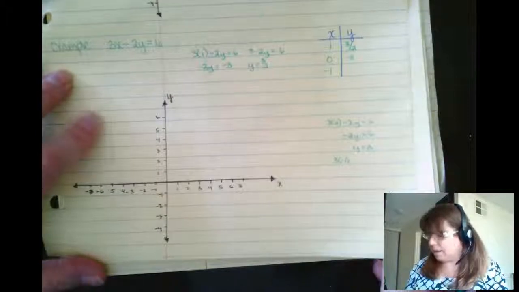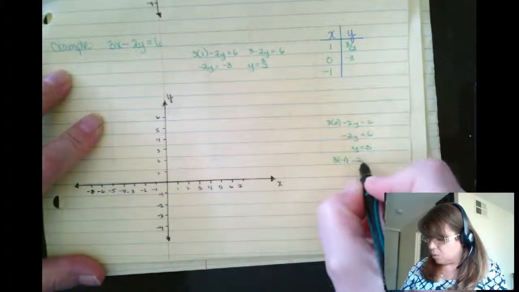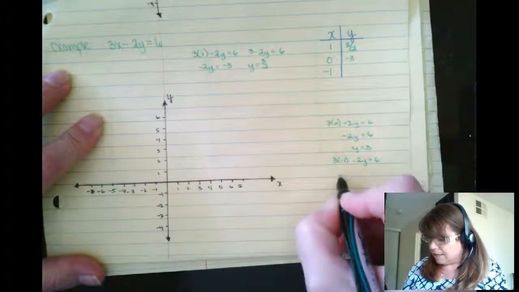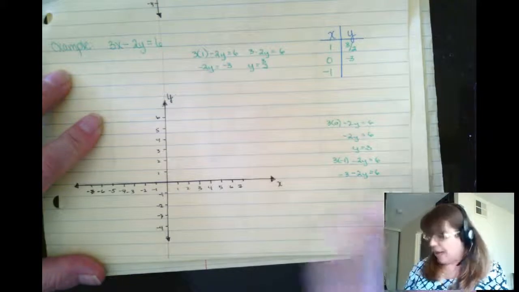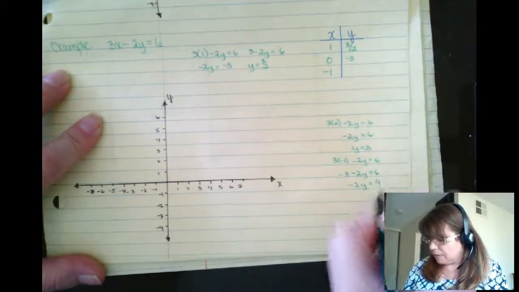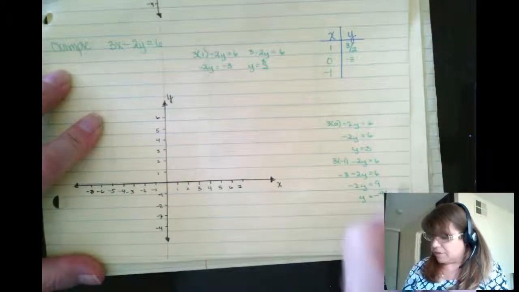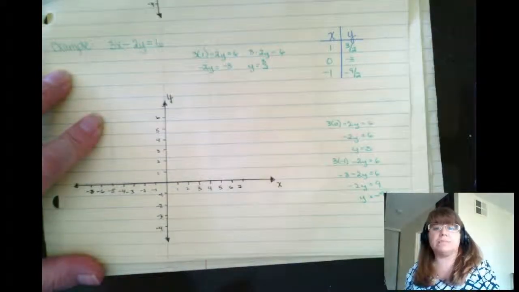So 3 times negative 1 minus 2y equals 6. Negative 3 minus 2y equals 6. Add 3 to each side, negative 2y equals 9. So y equals negative 9/2. Again, don't fret about that fraction.